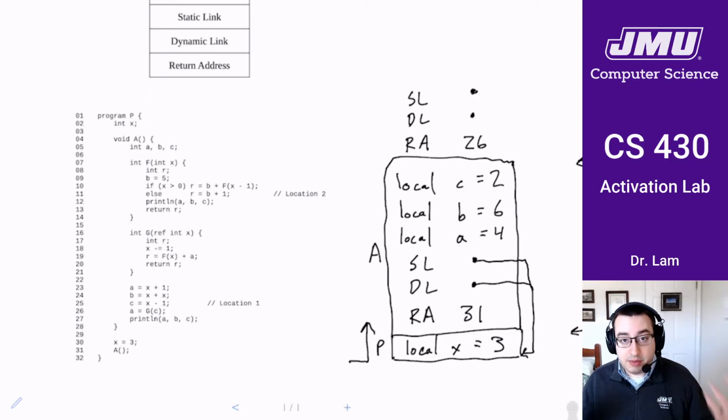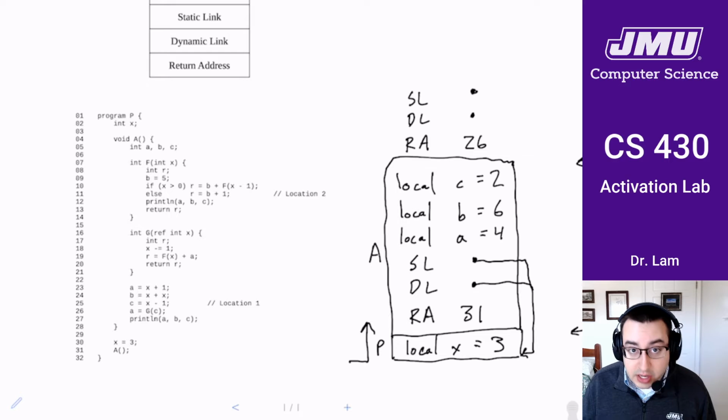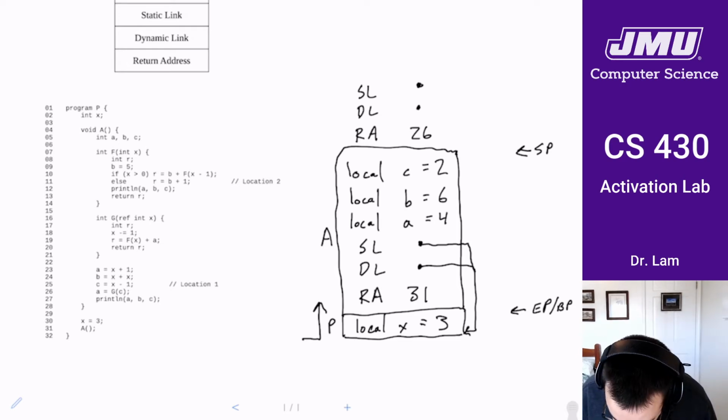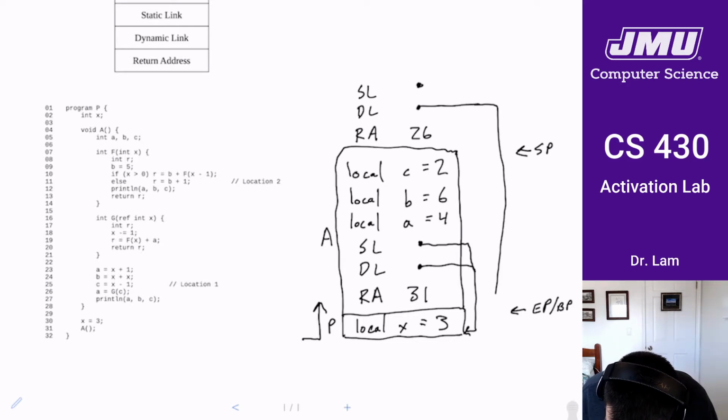And so we need to think about what these will be. Well, the dynamic link is always going to be initialized to point to the activation record for the subprogram that called the current program. So G was called by A, so the dynamic link there is always going to point back to A.